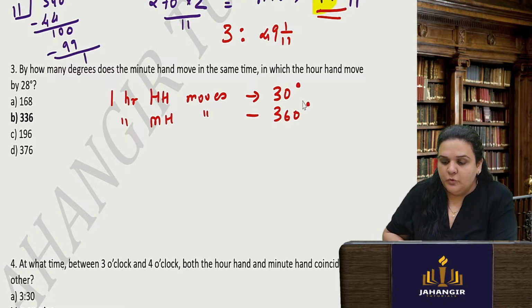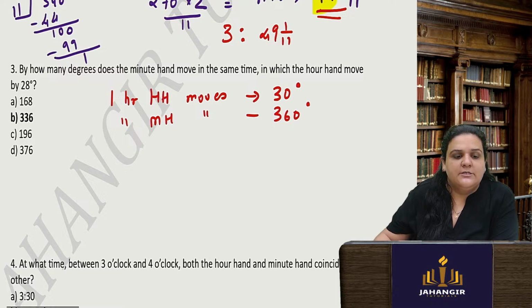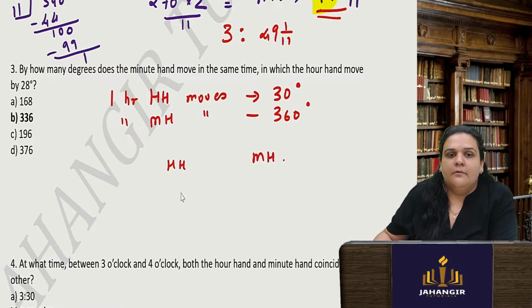So I have established this relationship between the hour hand and the minute hand. In 1 hour, when the hour hand moves 30 degrees, the minute hand moves 360.